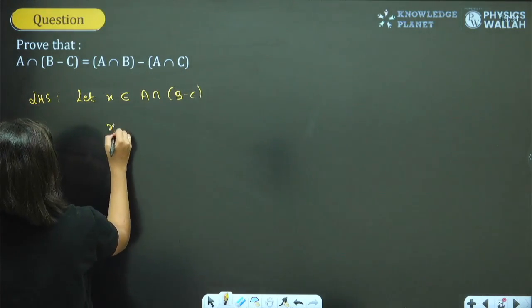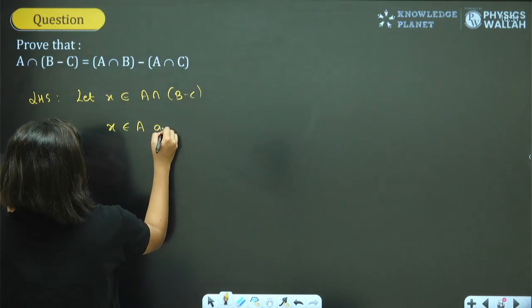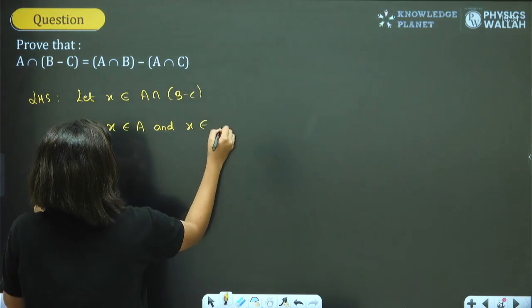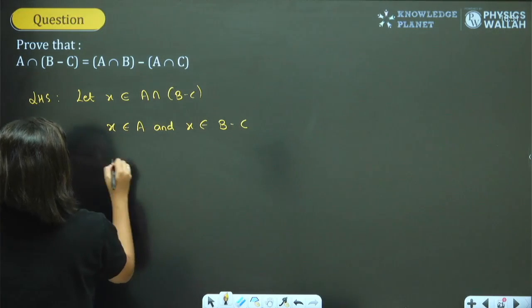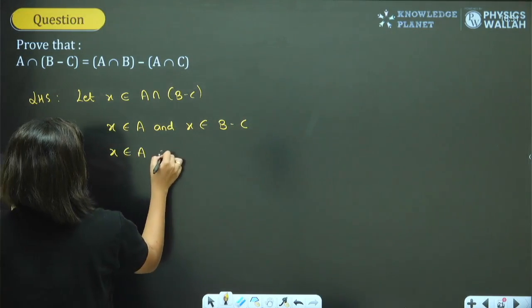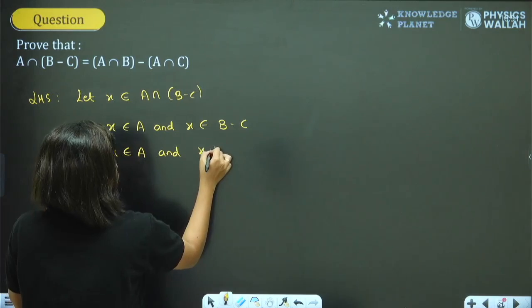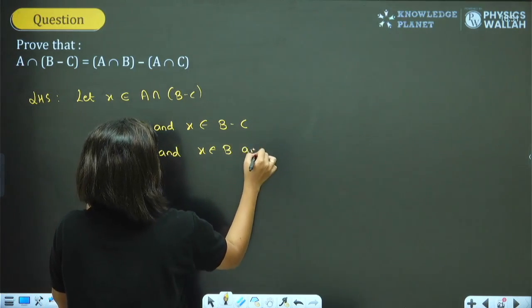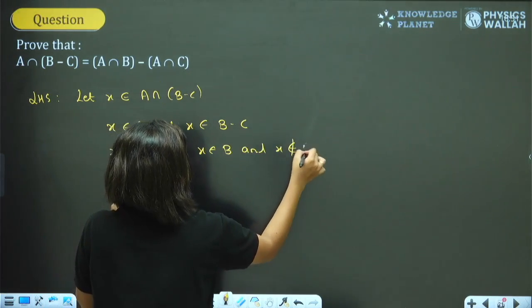It means X belongs to A and X belongs to B minus C. In other words, X belongs to A and X belongs to B and X doesn't belong to C. That's what it means.